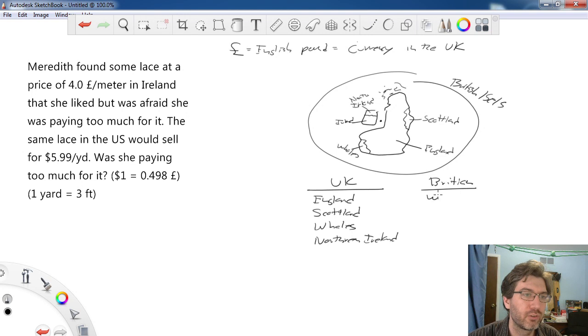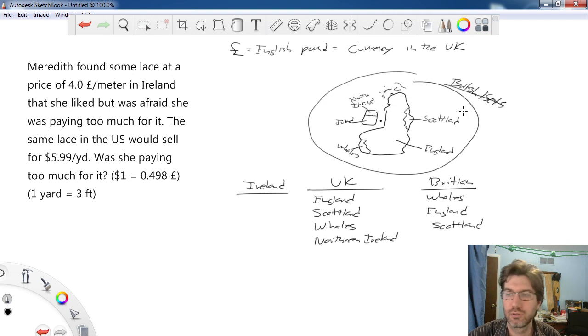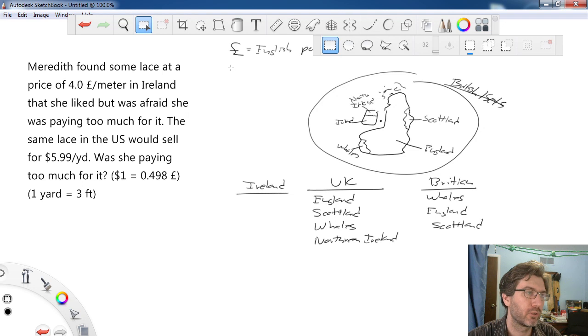So Britain is just Wales, England, Scotland, right? And then Ireland's its separate country, but Northern Ireland is not part of it. And then if you put all the little islands in there, all of it combined is your British Isles. If you didn't know that, there's your little history lesson.